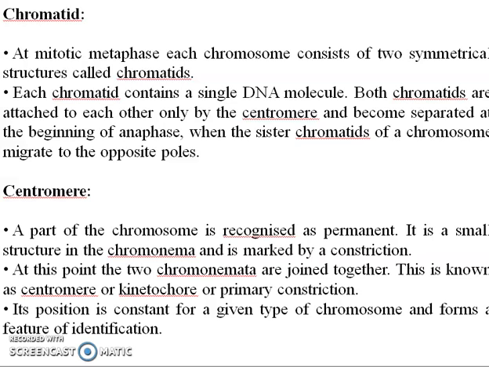Next is the centromere. What is the centromere? It is a part of the chromosome recognized as permanent, a small structure in the chromosome, marked by a constriction. At this point the two chromatids are joined together. This is known as the centromere, or kinetochore, or primary constriction; all are the same.